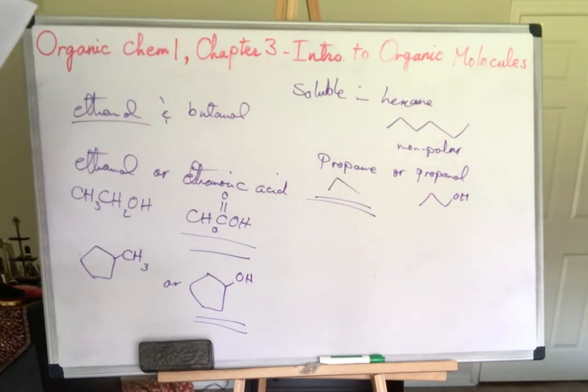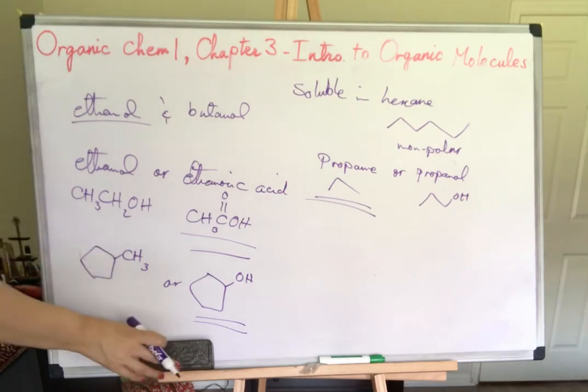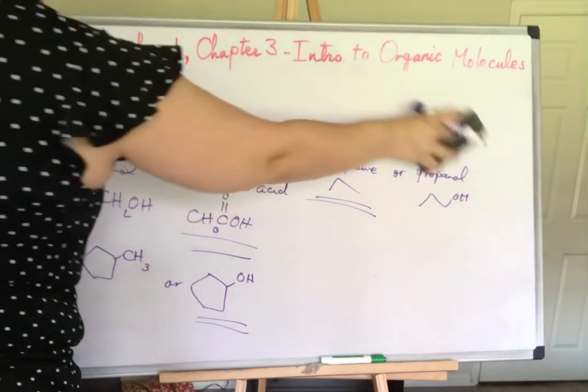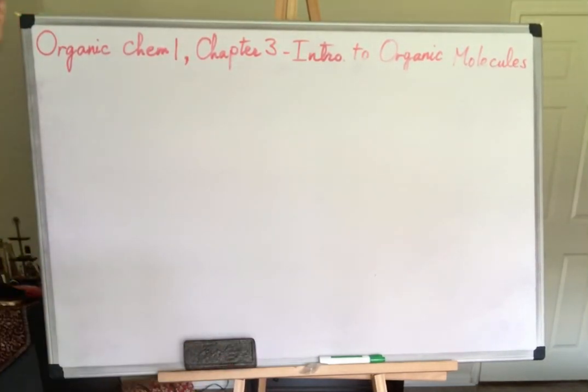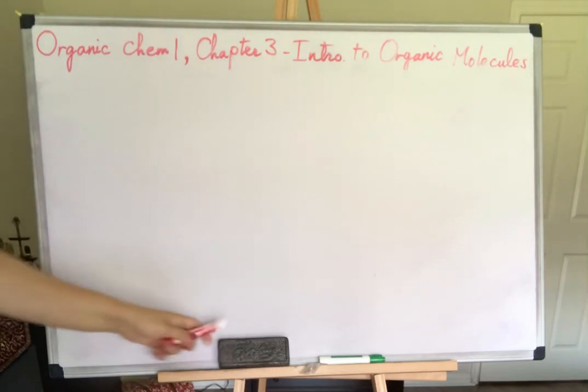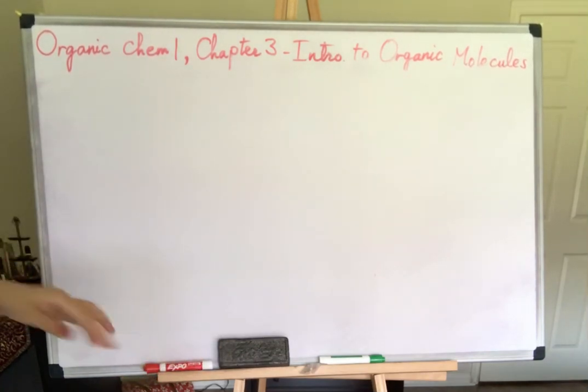Work on the next one, see which one is more soluble in hexane. Okay, this video is very long, but I have to finish it with a little more about functional group. So at the beginning of this video, I told you that the functional groups are responsible for reactivity of the compound and function of the molecule.